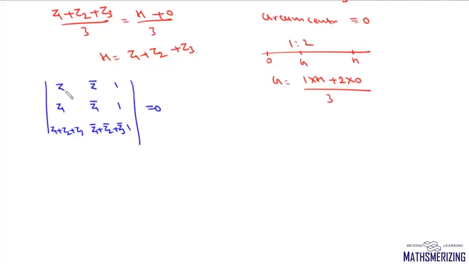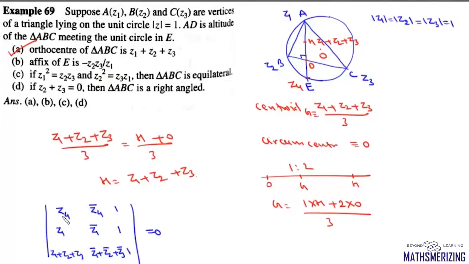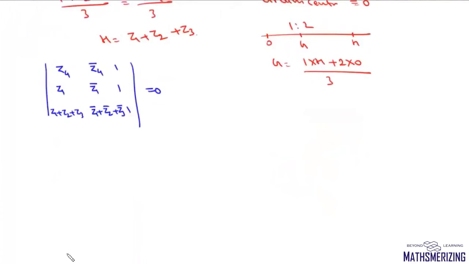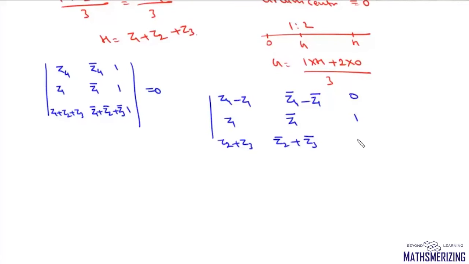Now E lies on this line, so we can write this as Z4. Now we'll write R1 as R1 minus R2 and R3 as R3 minus R2. So we can write this as Z4 minus Z1, Z4 bar minus Z1 bar, 0; this is Z1, Z1 bar, 1; and here it will be Z2 plus Z3, Z2 bar plus Z3 bar, and 0.